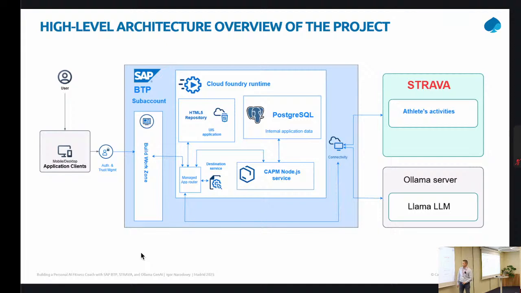So, the technological stack. First of all, CAP, the cloud application model, Node.js under the hood, a PostgreSQL instance for internal application data, Fiori application, Fiori elements, and we can generate huge front-end applications, and the STRAVA API, and an Ollama server, a dedicated Ollama server.